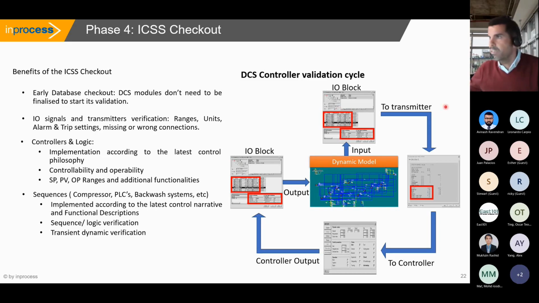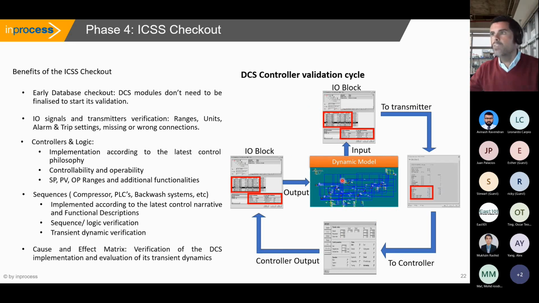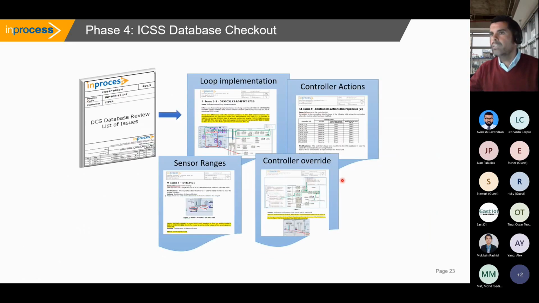So what we test here is what has been or is being programmed by the ICSS vendor, in such detail, the same as if this were the real plant. We are doing exactly the same by considering the dynamic model, right? And with that information, what we provide is, again, a report, with different loops of validation.